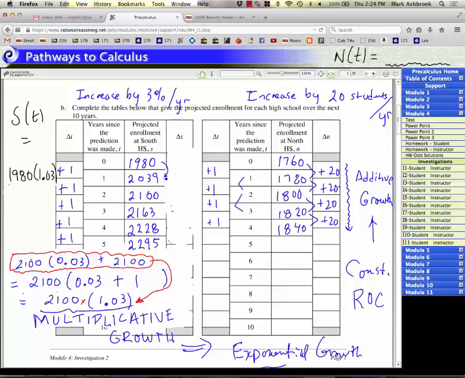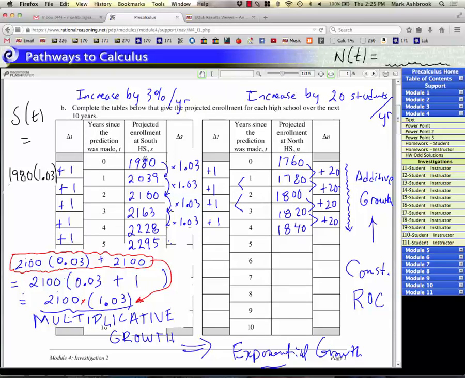How do we get the next output? Every time. Okay, but then we said that's the same as what? Times 1.03, multiplicative growth. So rather than what we add each time, it makes more sense on this one to talk about what we multiply by each time because it stays the same. We said it's exponential growth, right?